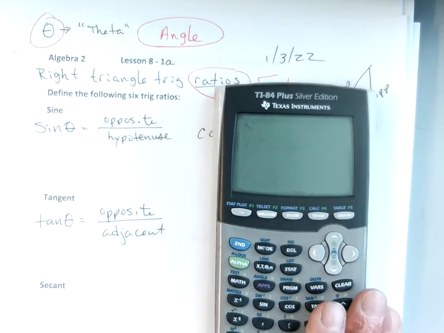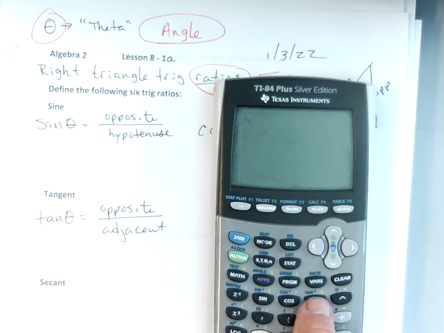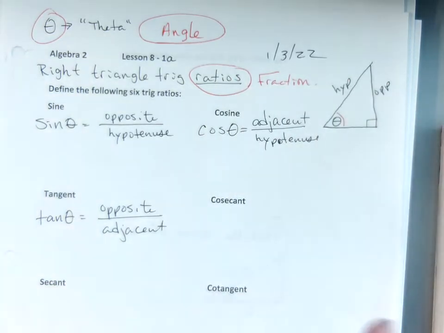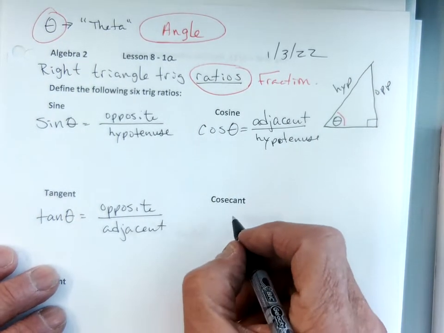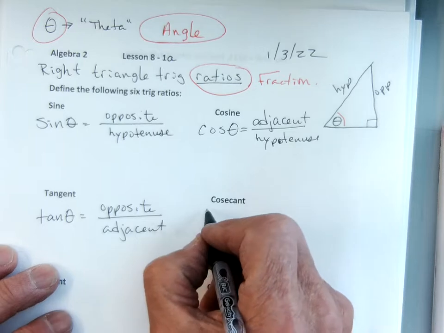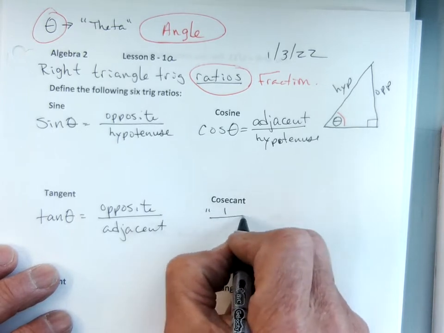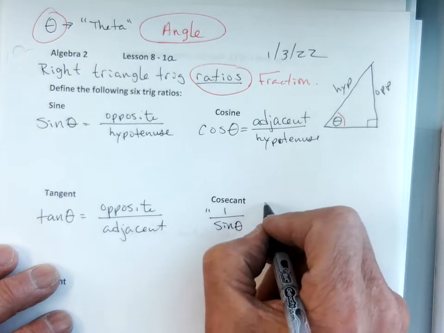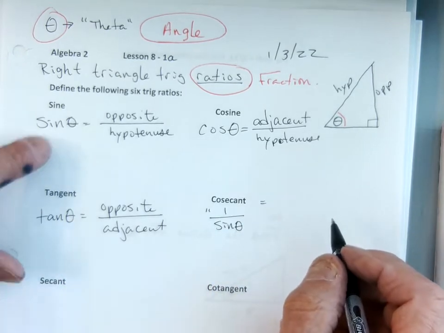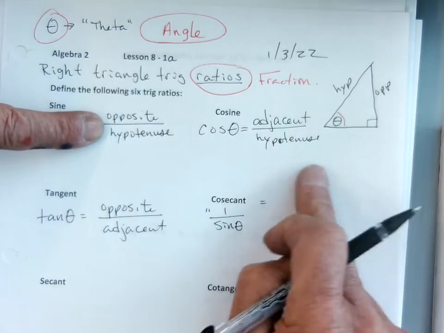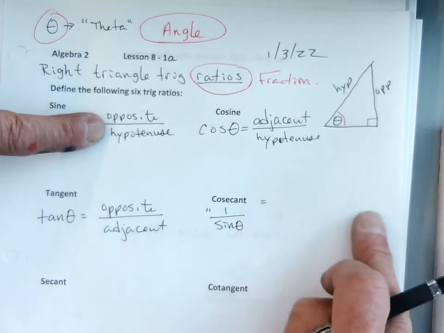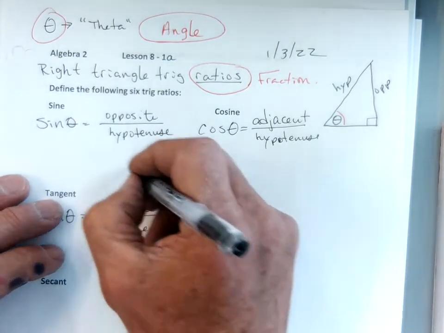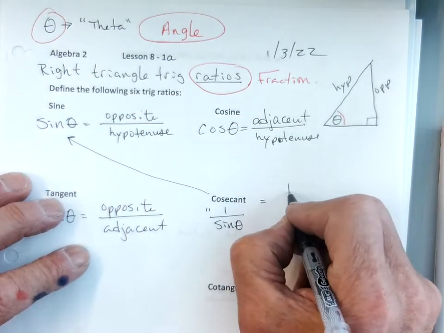Cosecant, secant, and cotangent are not in a calculator. They're not, because they're just the reciprocals of these. So cosecant goes with sine, 1 over sine, which makes it, instead of opposite over hypotenuse, the hypotenuse over the opposite.